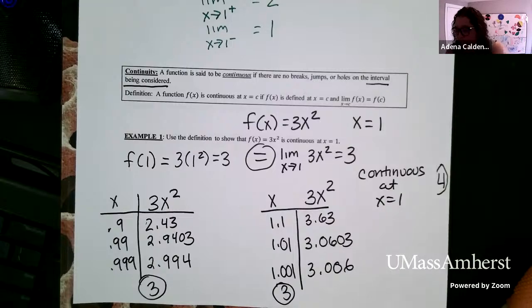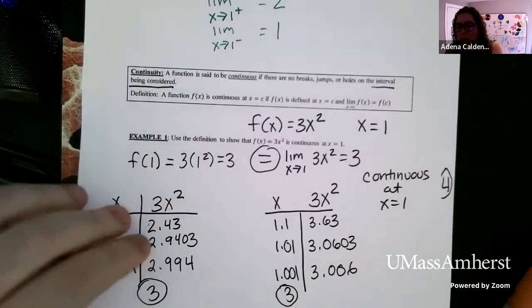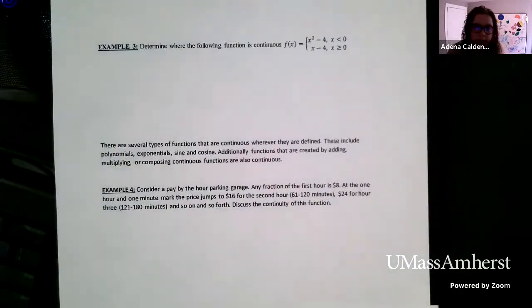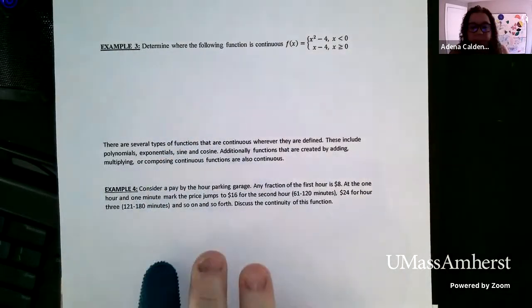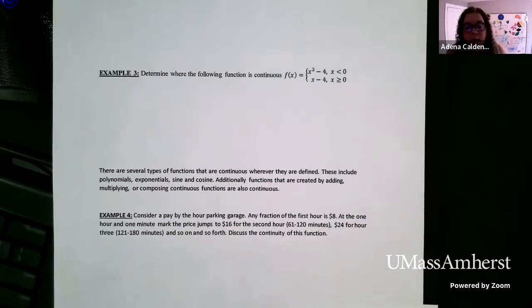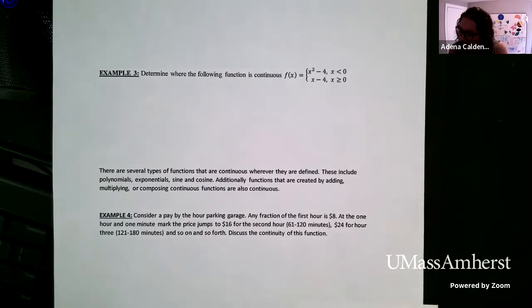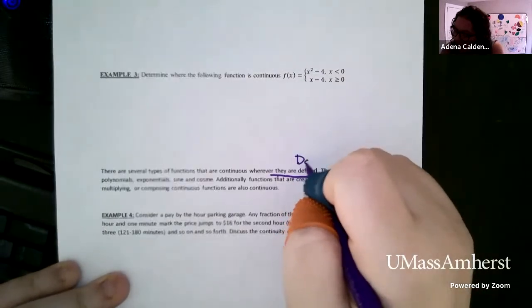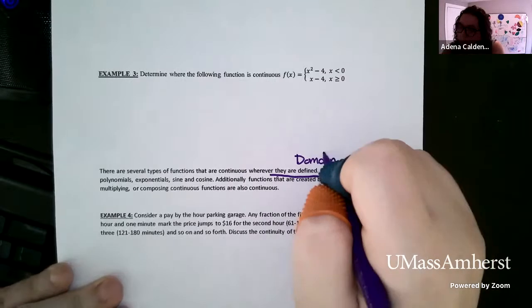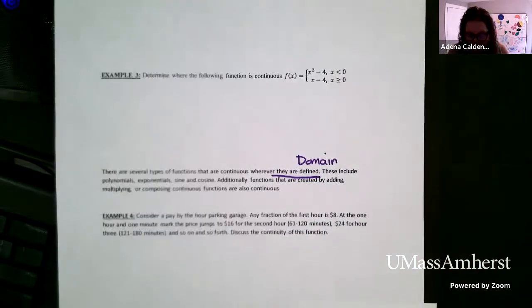And so what does that mean? So I'm going to go ahead and skip down to this paragraph for a minute, and then we'll go back and look at the next set of examples. But there's several types of functions that are continuous wherever they are defined, okay? So when we talk about something being defined, we're talking about the domain of the function.